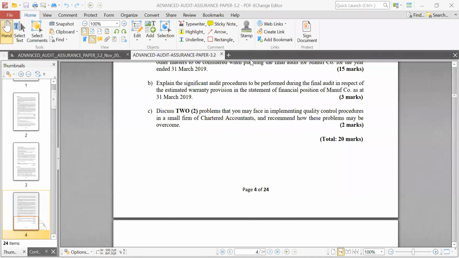The third one is inspection of documents. And the fourth one is inspection of tangible assets. The fifth one is observation. The sixth one is recalculation. The seventh one is reperformance, reperforming a transaction or going through the transaction again. And the eighth one is analytical procedures.